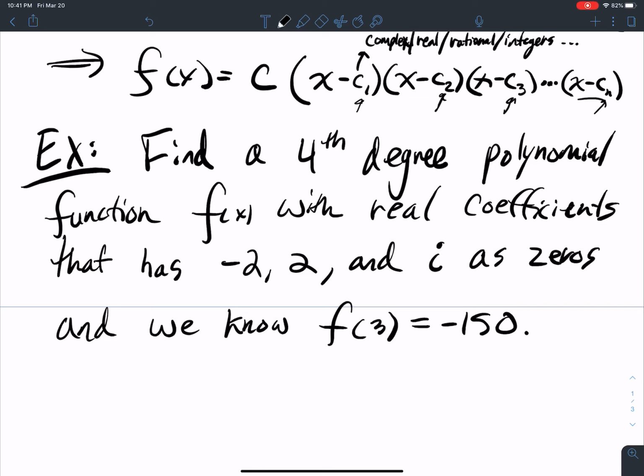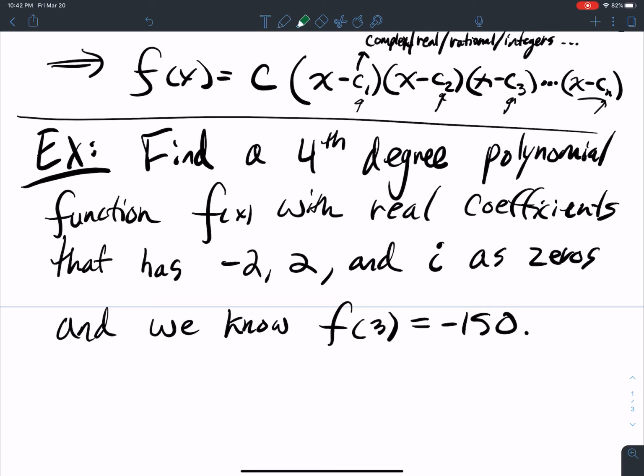Okay, so this is a typical example that you might run into where you're just asked to construct a polynomial that satisfies these characteristics. So how do we do this?